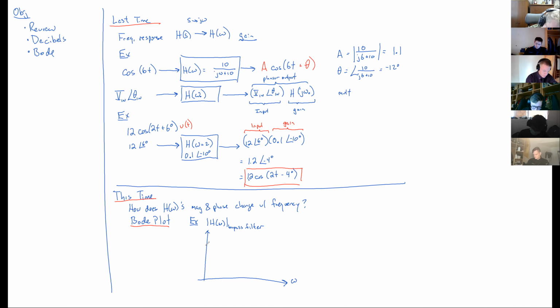And it would look something like this. If it was in linear, it would look like that, where this is 1, and this is 0. And this is a linear graph. And that kind of intuitively makes sense.